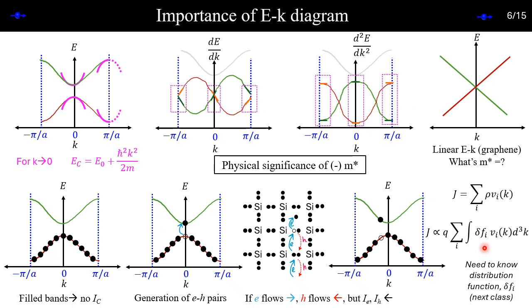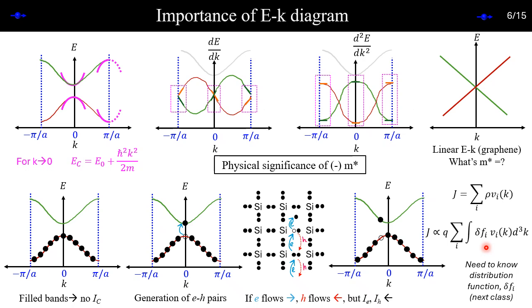When we apply a field, the cloud of electrons is displaced, and it can have a distribution of v, so you need to integrate it. If there are n bands, here conduction and valence, you need to integrate over the n bands, and then you'll get the current. In the next class we'll talk more about what this df is.